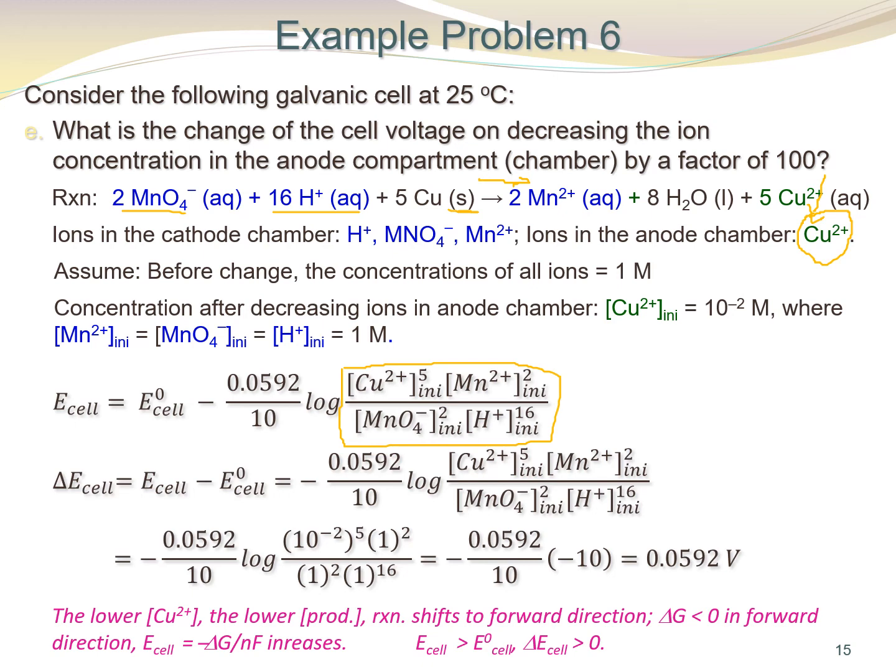If delta G is less than 0, E cell increases, right? Because delta G now has a value that's no longer 0, like at equilibrium. E cell must be greater than E0 of the cell, making delta E of the cell greater than 0.